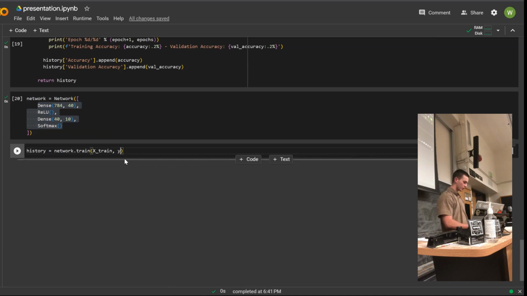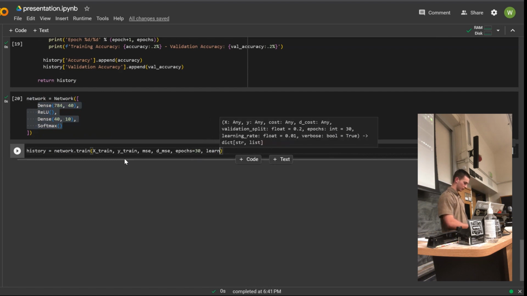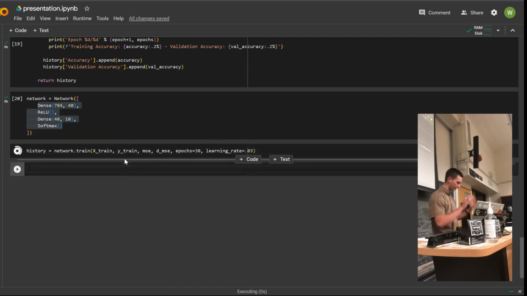But I was able to get pretty good accuracy with these parameters. So we're going to do 30 epochs and a learning rate of 0.03. Hopefully everything works.